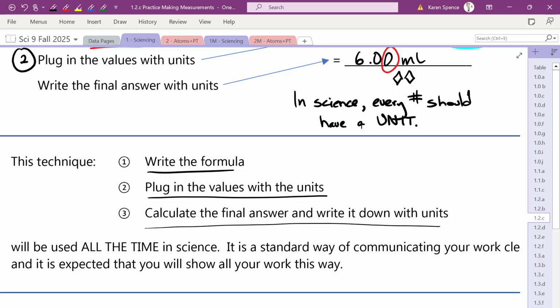When you're done, you can have... You need to start with what am I solving for? What things am I going to solve for?